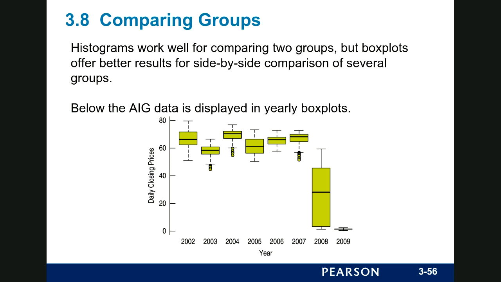Well, it tells me that the typical daily closing price seemed to be at $60 or above. From 2002 to 2007, the typical daily prices seem to be at $60 or above. How do I know that? Because I'm looking at their medians.